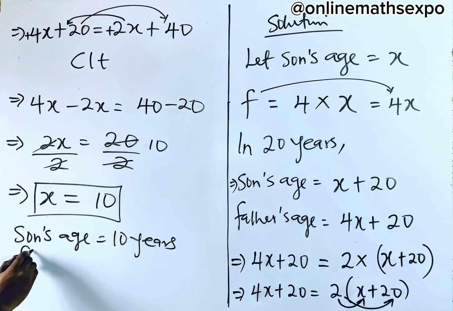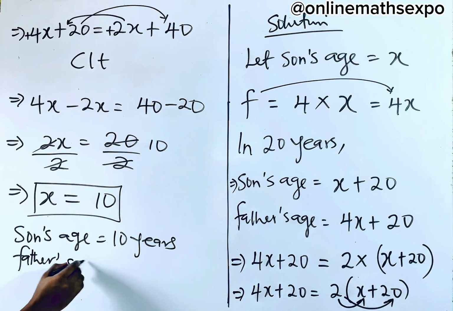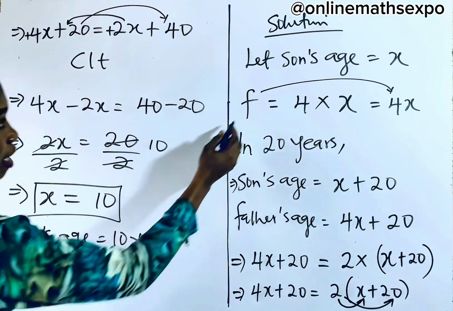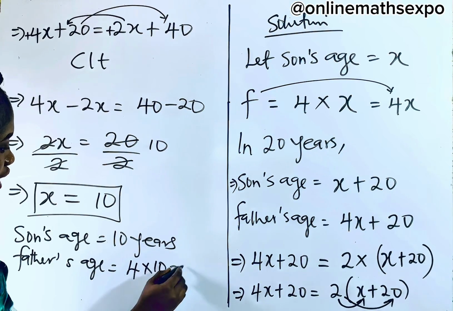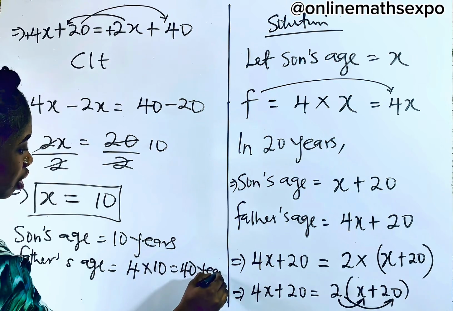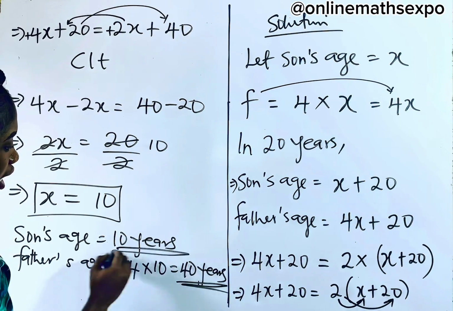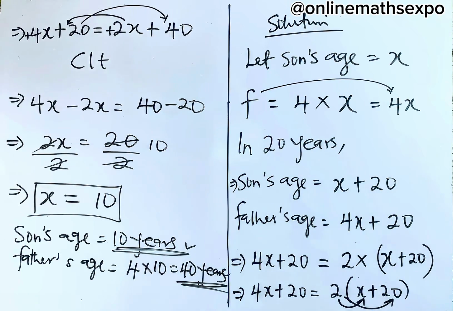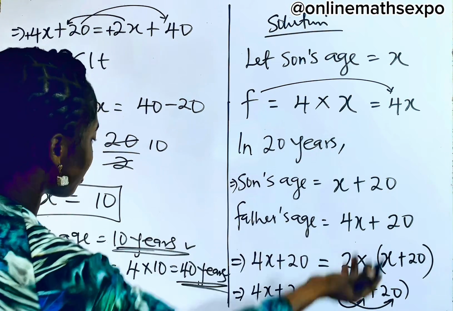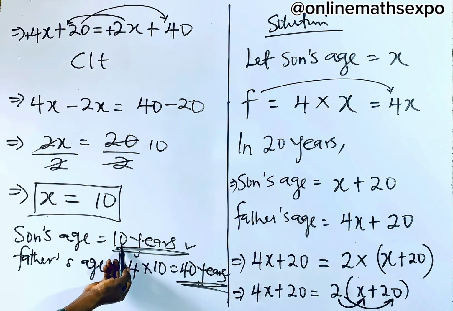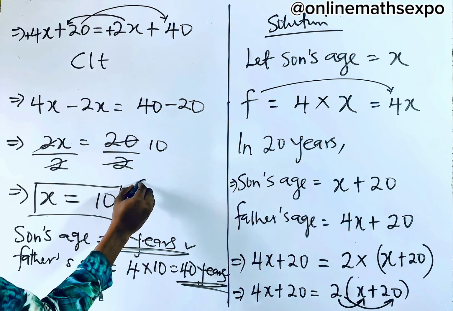And the present father's age will be what? We said the father is 4 times. So it will be 4 times 10, and that will give us 40 years old. So these are their 2 ages. And if you want to go further, the question says in 20 years, if you add 20 to this 10, it gives you 30 for the son.